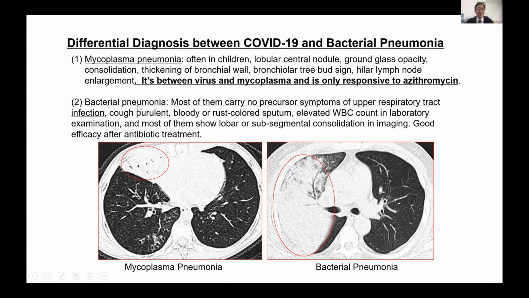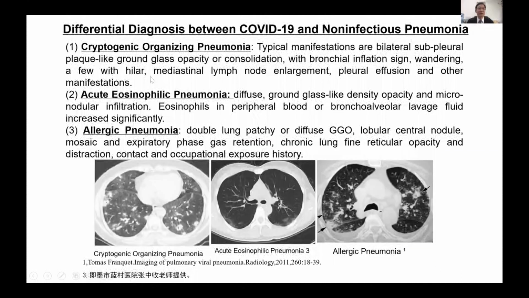Other bacterial pneumonia, you can see here. Other differential diagnosis between COVID and non-infectious pneumonia, for example, cryptogenic organizing pneumonia, acute eosinophilic pneumonia, and allergic pneumonia here.